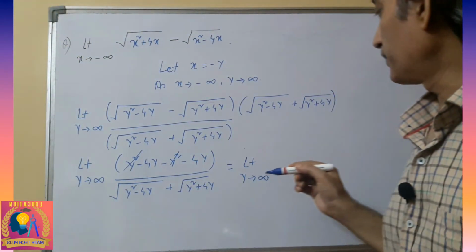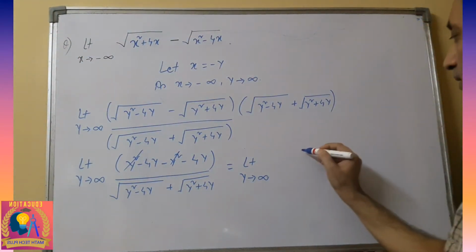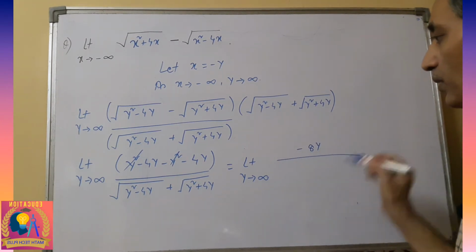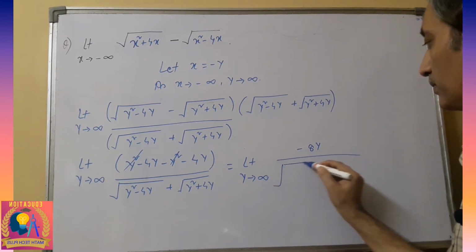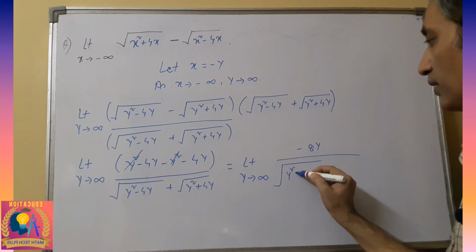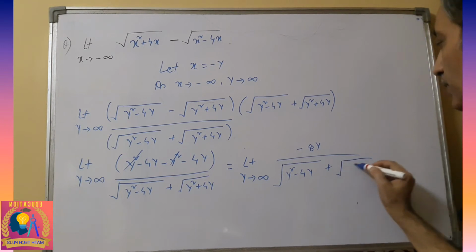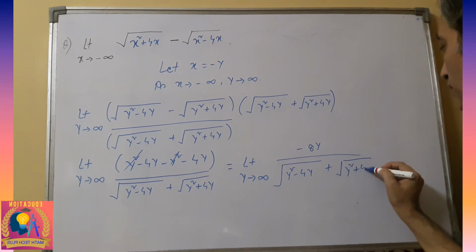Y approaching to infinity. In the numerator we have minus 8y upon square root y square minus 4y plus square root y square plus 4y.